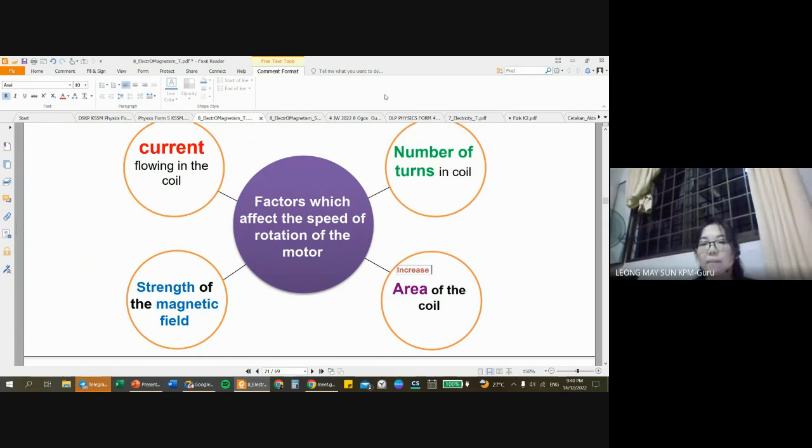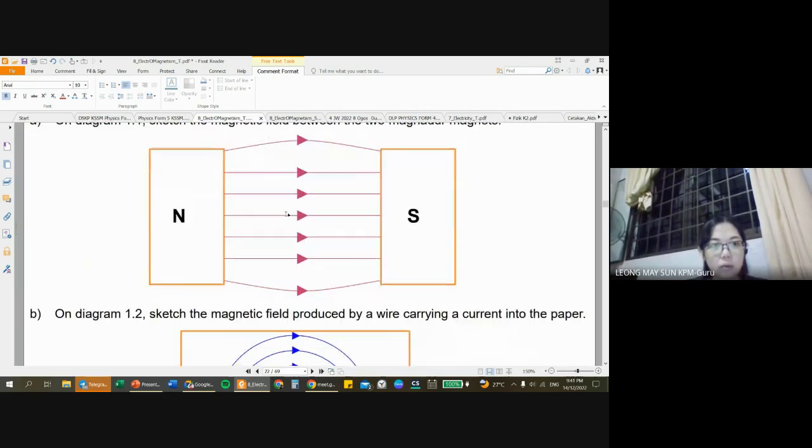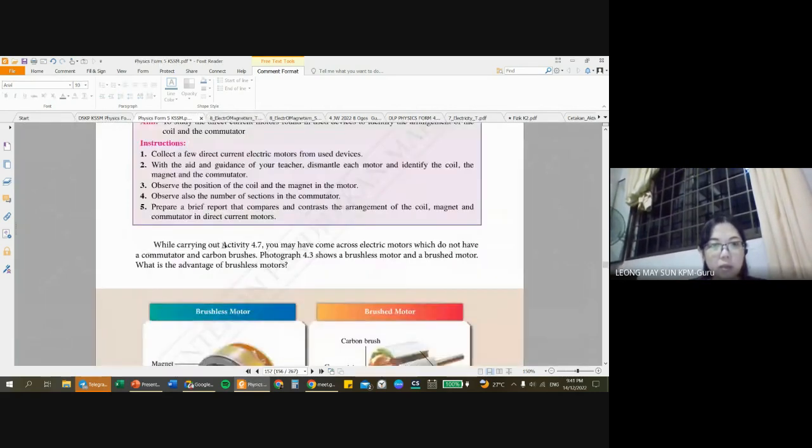The actual explanation is that you need to cut the magnetic field lines, so when the area is bigger, it's easier to cut the lines and produce that magnetic force. The actual formula is taught in pre-university level, which you don't need to know at this level yet. All right, so I think that should be it.